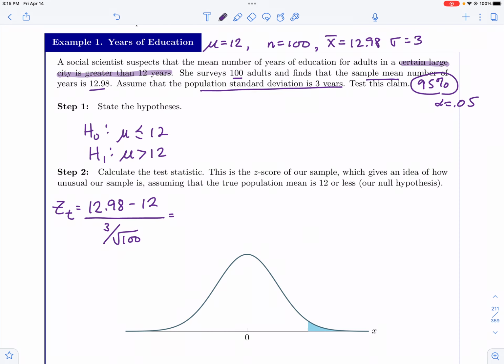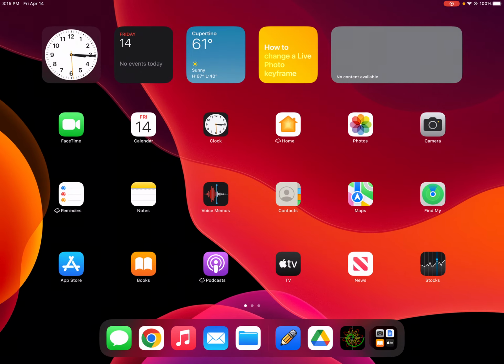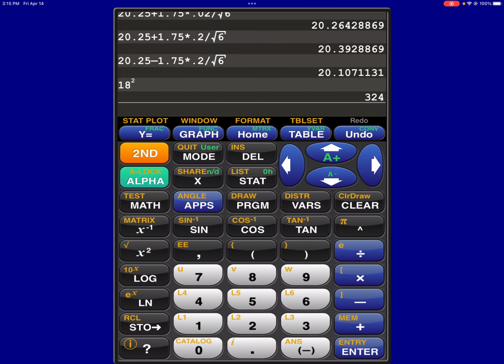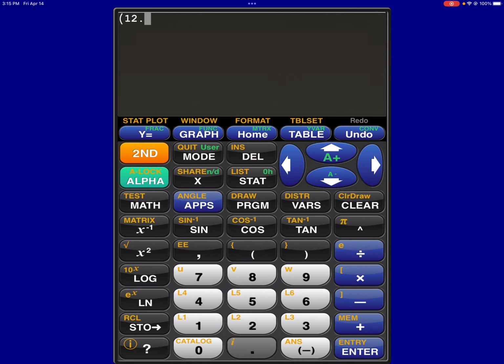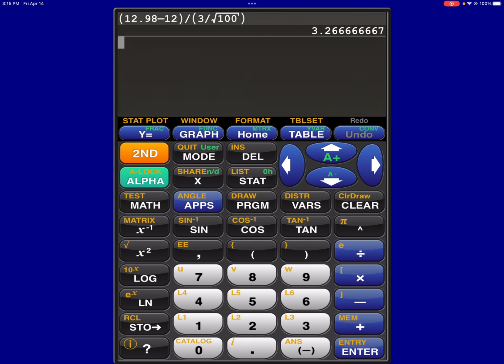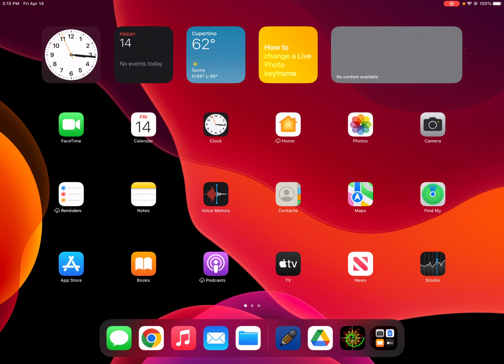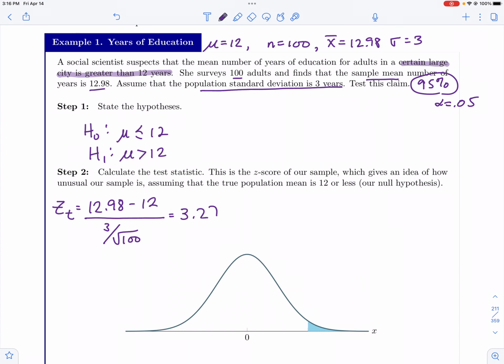And so when we plug that in, we're going to get 12.98 minus 12 divided by 3 divided by square root of 100. And so we've got a z-score of 3.27 in this case. So our z-test statistic is going to be 3.27.